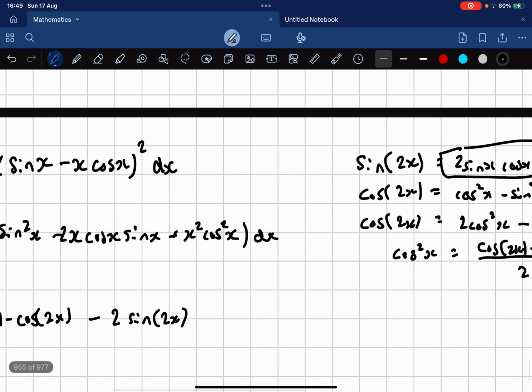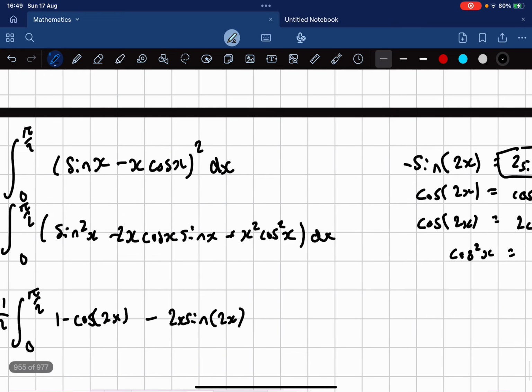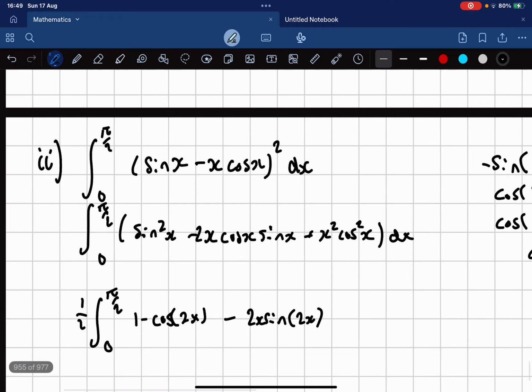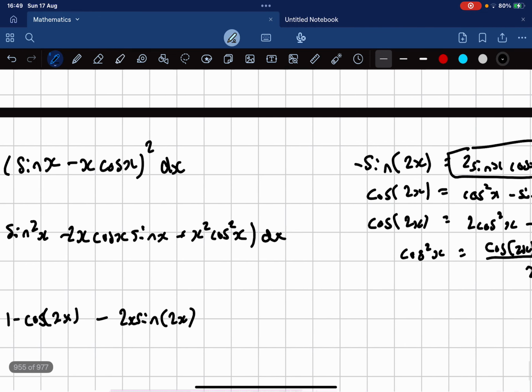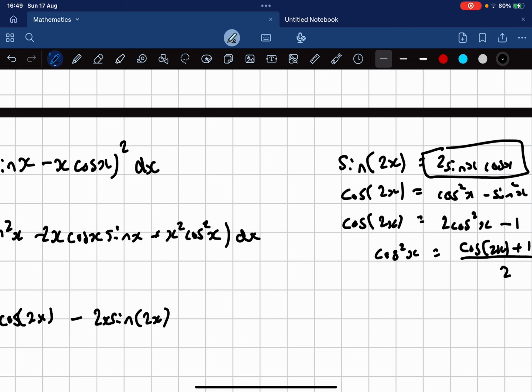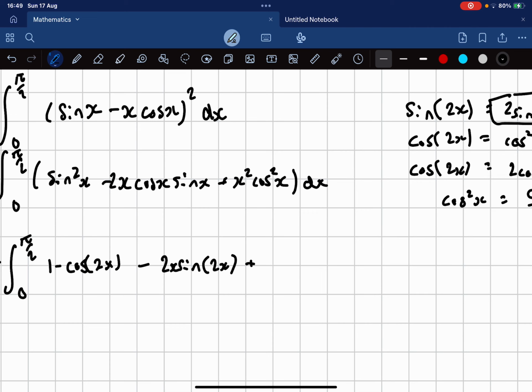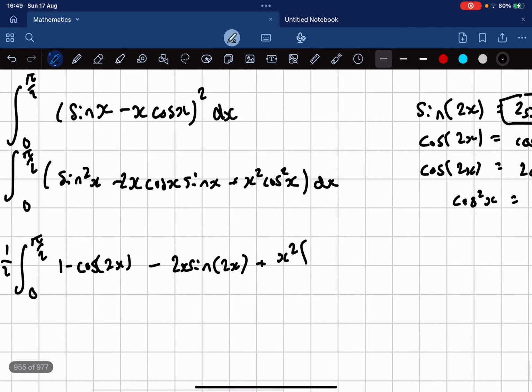Sorry, I think I may have said that this is minus 2x earlier, which it's not yet. The reason this is minus 2x is because we took out a half. So it would just be minus x times sine of 2x. However, we took out a half, so it's 2. And then this is simply plus x squared, and this is 1 plus cos 2x. And then this whole thing is dx.